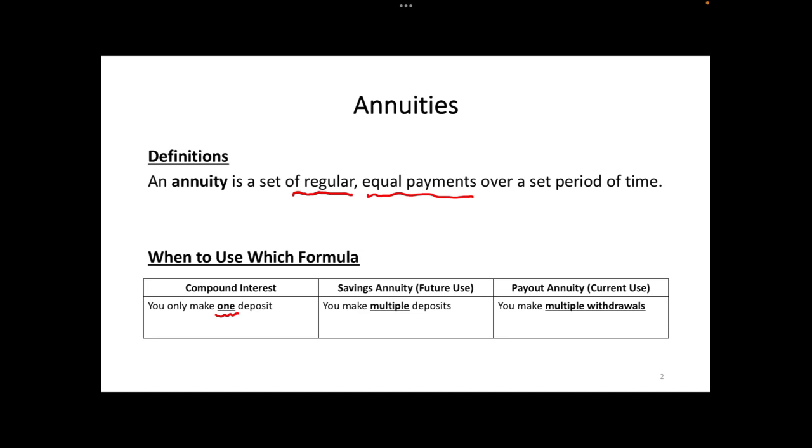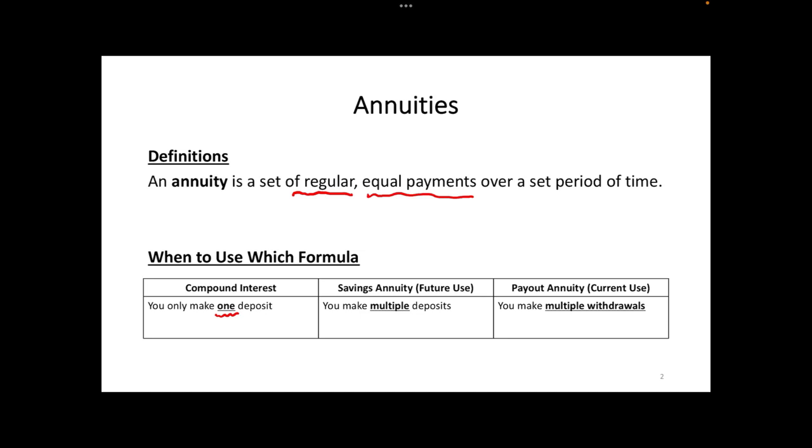Okay, so for the saving annuity, you save the money now for future usage. Like you put the money in your retirement account. Every month you put maybe $500 in that IRA account, and you do that for the next 30 or 35 years, and then you start to withdraw the money when you retire.